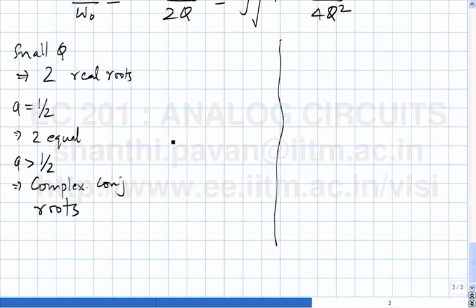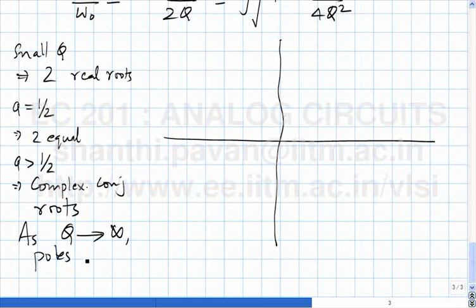As Q tends to infinity, what happens? The roots are on the j omega axis.